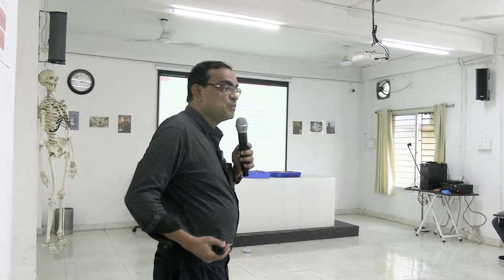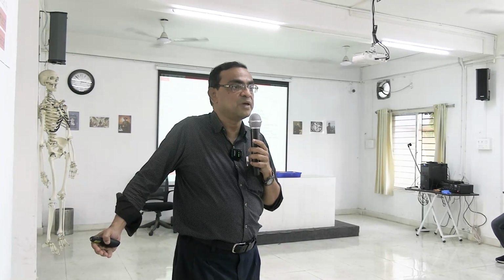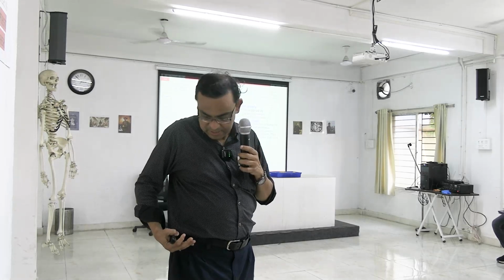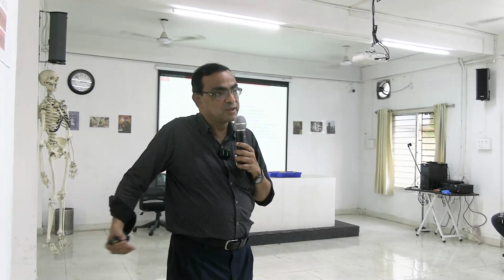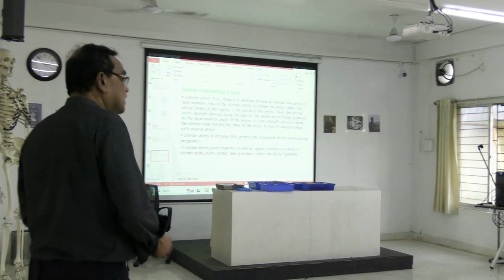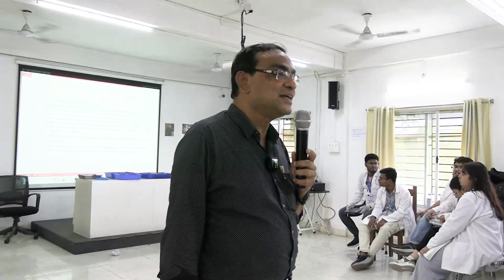Suppose this is the uterus, this is the vagina from here. This is the cervico-vaginal junction, and this is the uterine artery. Uterine artery is a branch of the anterior division of the internal iliac artery.